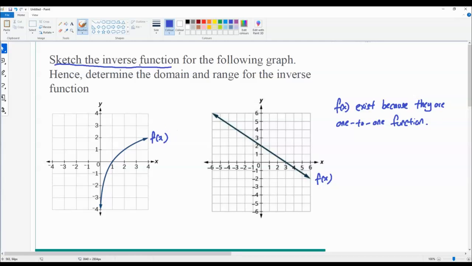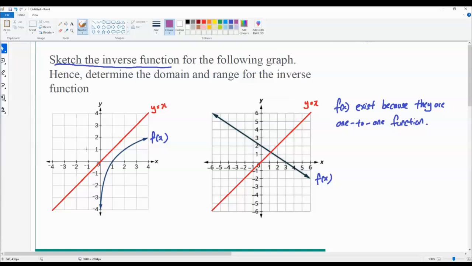So it's very easy. First of all, you need to construct a line, and this line is the y equal to x line. In order to find the inverse graph, you need to sketch this line first. Without finding the inverse function, actually we can sketch the inverse curve by just the information of f(x).